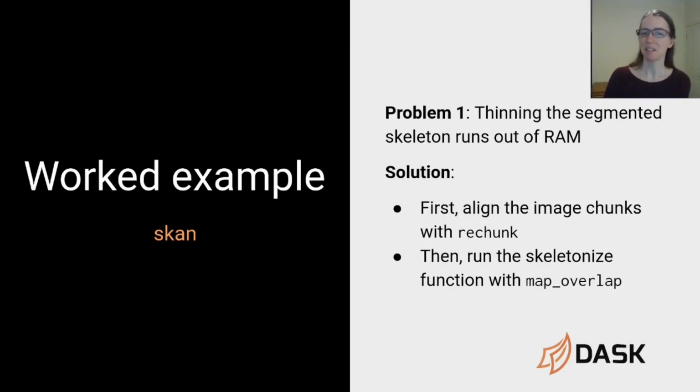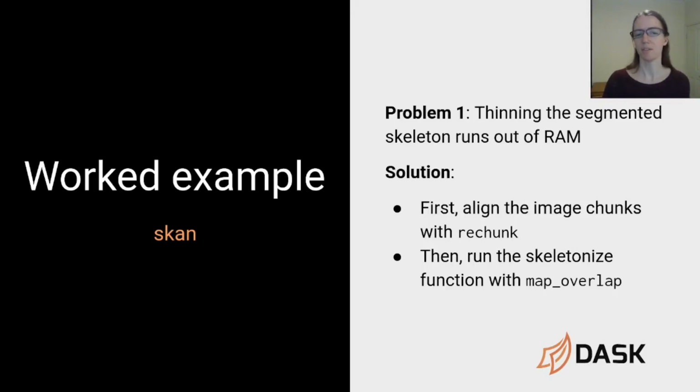First, I rechunked the image data so that the chunks matched a much more efficient chunking for the skeletonize function. The image data that I'd been reading in from disk went into my Dask array with a single chunk equal to each 2D image plane. But we already know that the skeletonize function will need a 3D block, so it's going to make a lot more sense if I make my Dask array chunks match that 3D block shape as well.